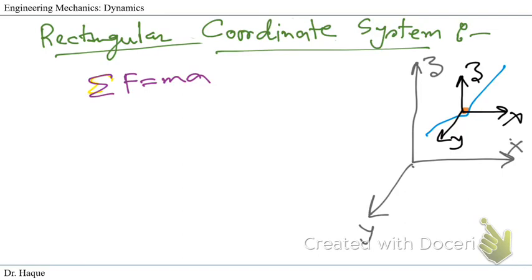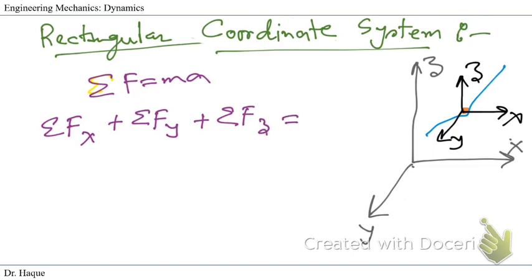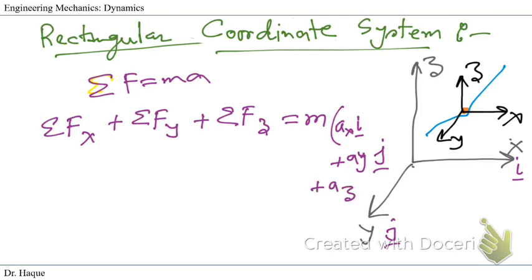Now we'll just add the three directions: summation of forces in the x direction plus summation of forces in the y direction plus summation of forces in the z direction equals mass, which is not a vector, times the acceleration, which will also have x, y, and z components. So a_x times vector i, which is the x direction, plus a_y times vector j, plus a_z times vector k.